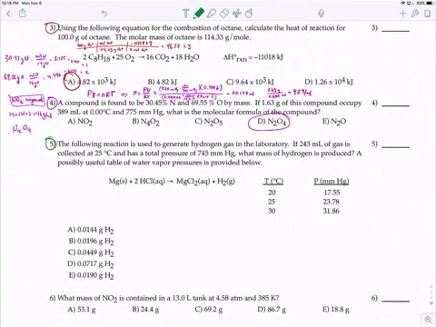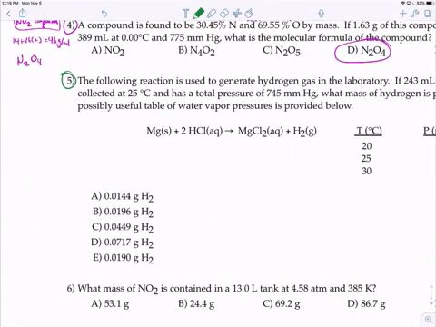The following reaction is used to generate hydrogen gas in the laboratory. If 342 milliliters of gas is collected at 25 degrees Celsius, total pressure of 745 millimeters of mercury, what mass of hydrogen is produced? Okay. All right, so let's do picture time.